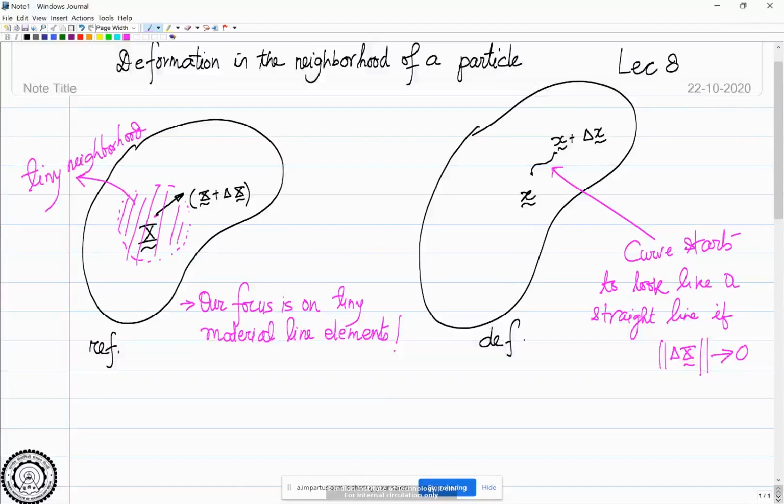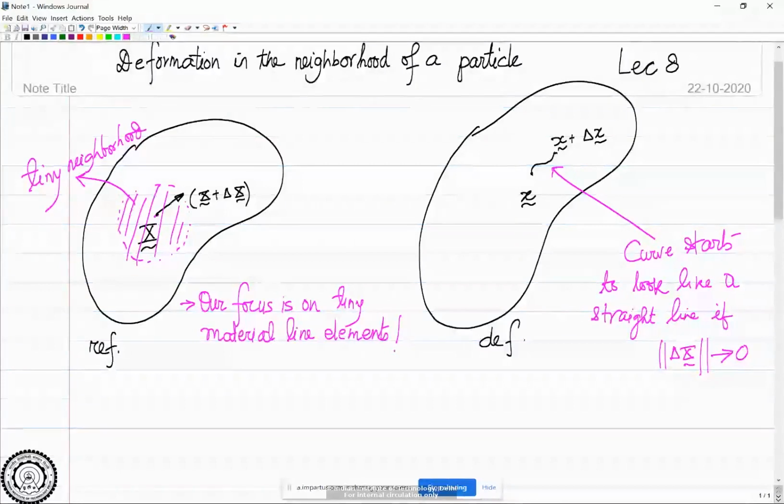So basically, we want to concentrate on deformation very close to this point capital X. So you have to start zooming at point capital X so that you start seeing things very clearly. And then there will be a circle with radius delta X, capital X. Well, this is a sphere.